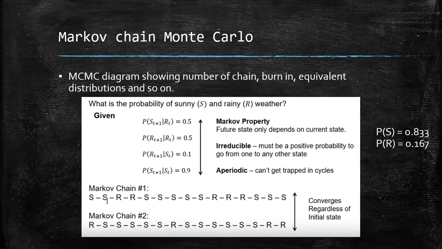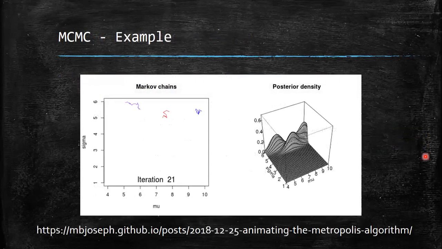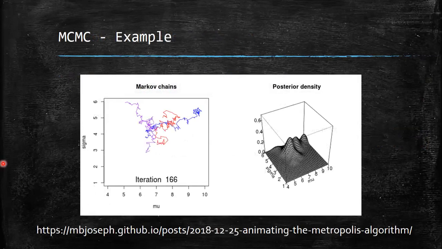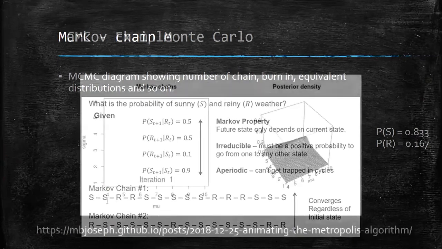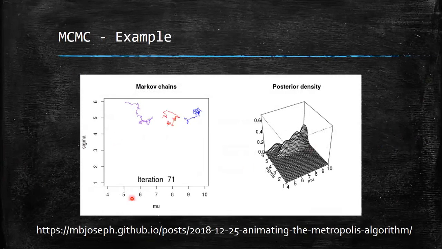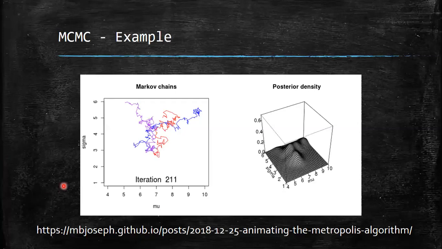Okay, I also want to present a graphical interpretation of what's happening. I found this really cool GIF online. Let's say we have two different variables, like the mean and the variance, and we take three different Markov chains.